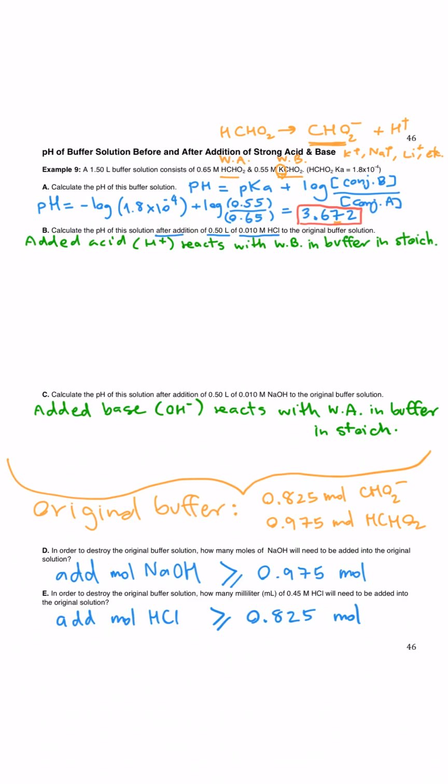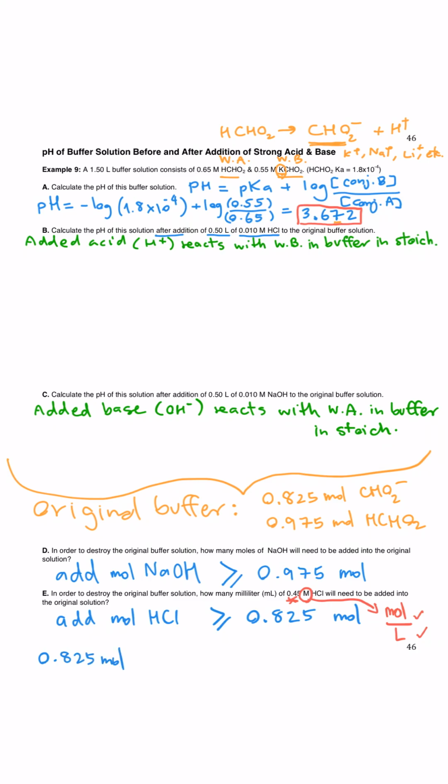The problem gives us the concentration of hydrochloric acid. Again, whenever you see uppercase M, please convert this unit into fraction form, which is mole per liter. We are going to use this number as our conversion factor because it allows us to convert between mole and liter. So I'm going to start with the number of moles that we need, which is at least 0.825 mole.